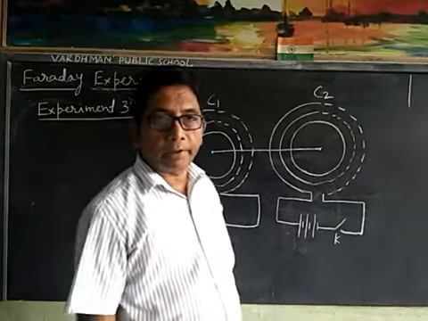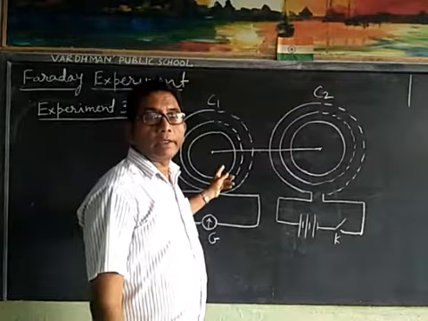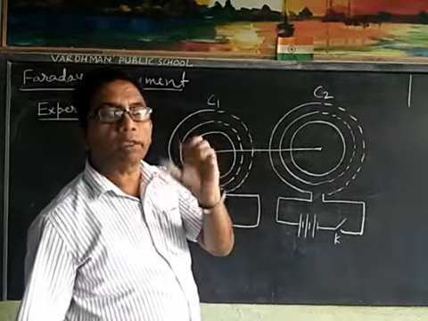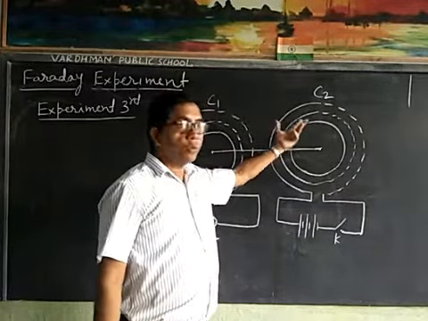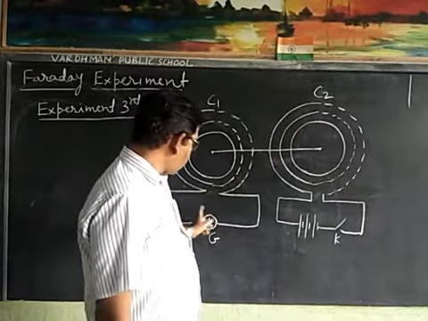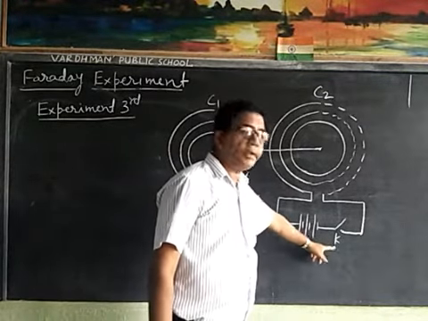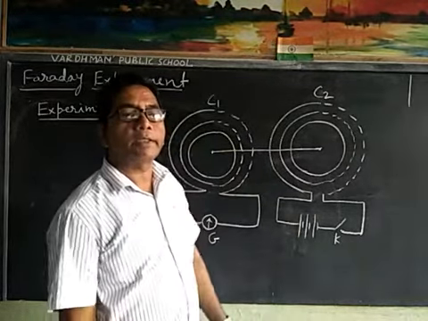Now I will repeat the third experiment. Faraday showed that relative motion is not an absolute requirement. Two coils C1 and C2. One coil is connected to the galvanometer and the other coil is connected to the battery through a tapping key.